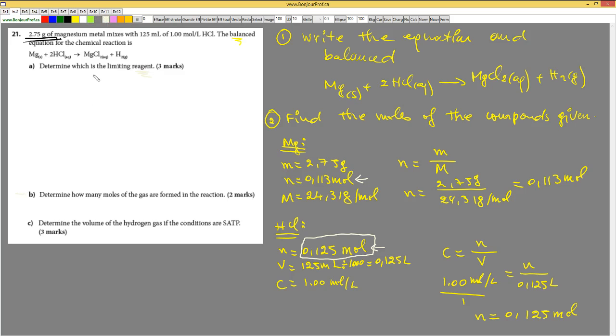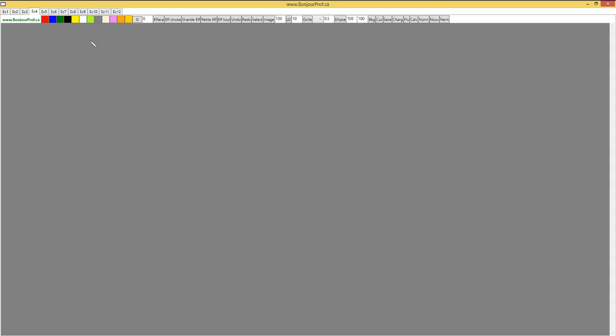Determine how many moles of gas are formed in the reaction. So for question A, which one is limiting, we say HCl is the limiting reagent. Okay, now we're going to go to question B. What is question B?